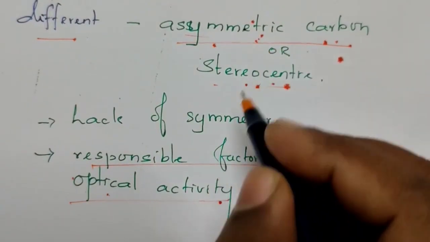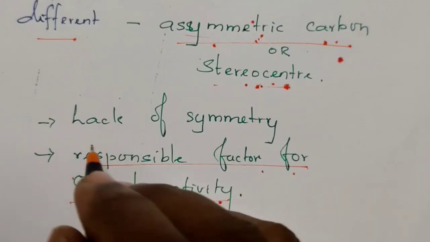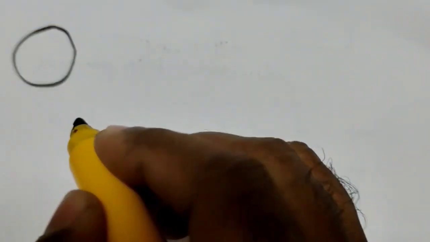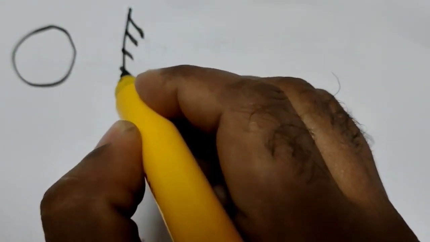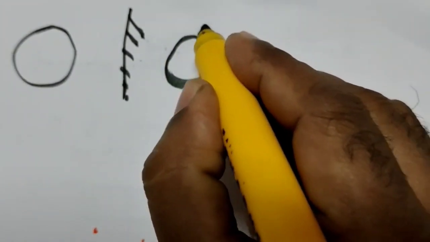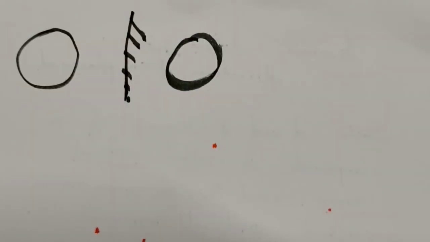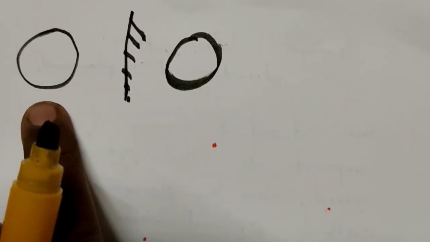Those compounds having an asymmetric center or stereocenter have no symmetry. Consider a ball. Place a mirror here. On the mirror you can see the mirror image. Now take this mirror image and place it above the real ball.